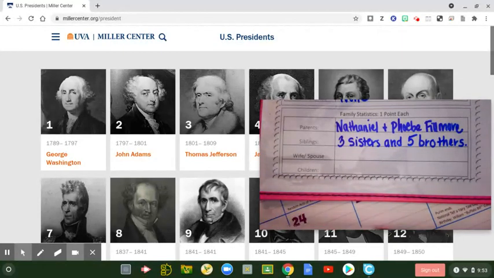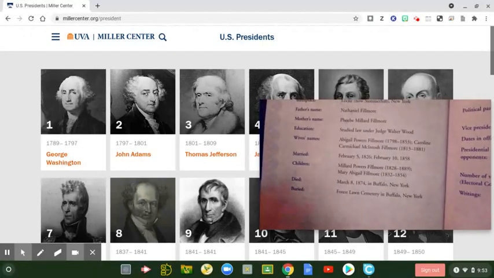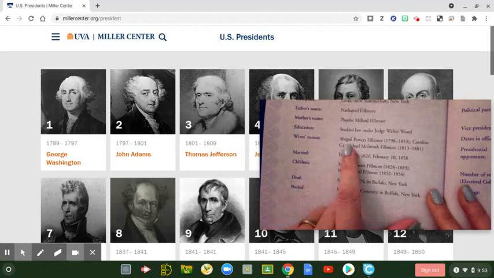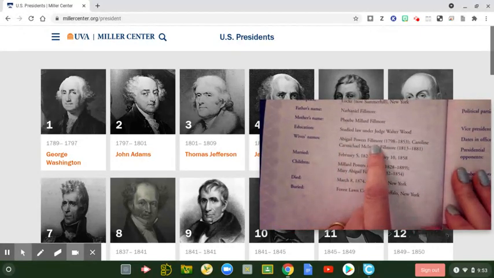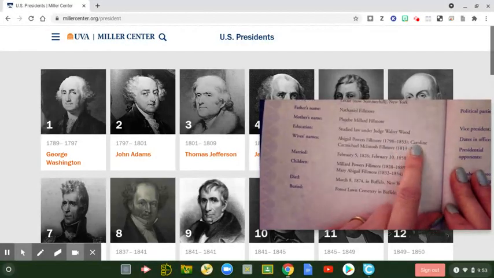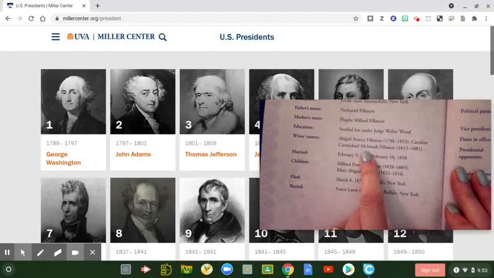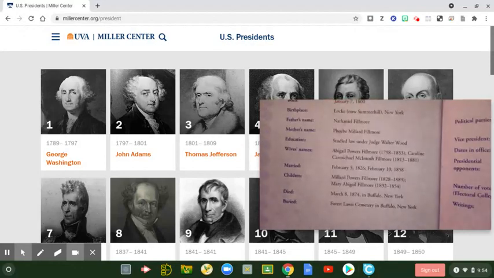His wife and spouse. All right. So we go back to the blue book, and that does tell us who his wife, well, wives. He had more than one. He had Abigail Powers Fillmore. She died in 1853. That was his first wife. And then Carolyn Carmichael McIntosh Fillmore. And then that's when she died. So he had 2 wives because the first one died and then he remarried.